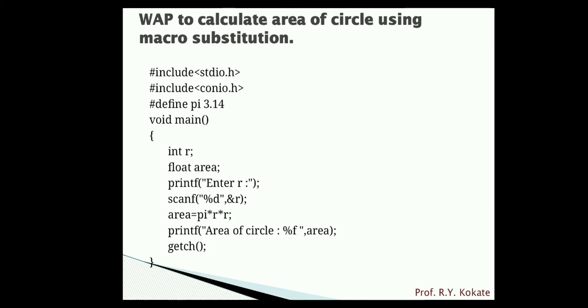The formula is 3.14 into r into r, that's why here we write pi, whose value we declared as 3.14. After calculating the area, the next step is to display the result, so we use printf and print the result.